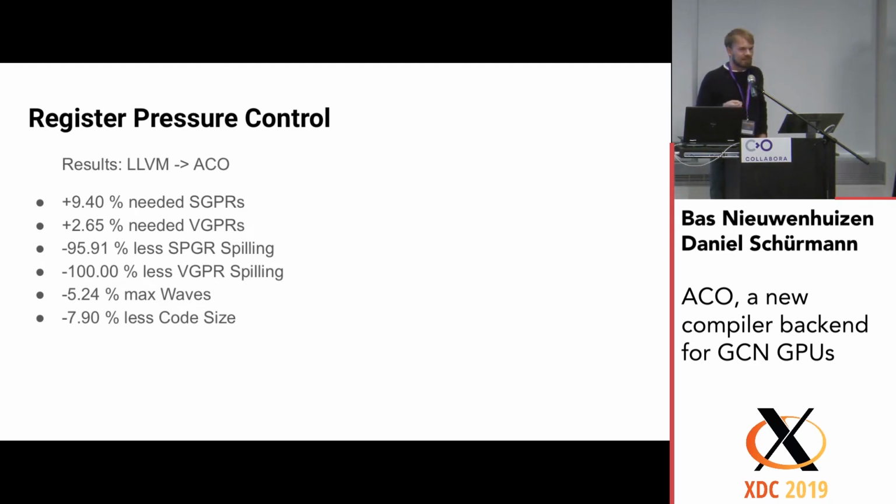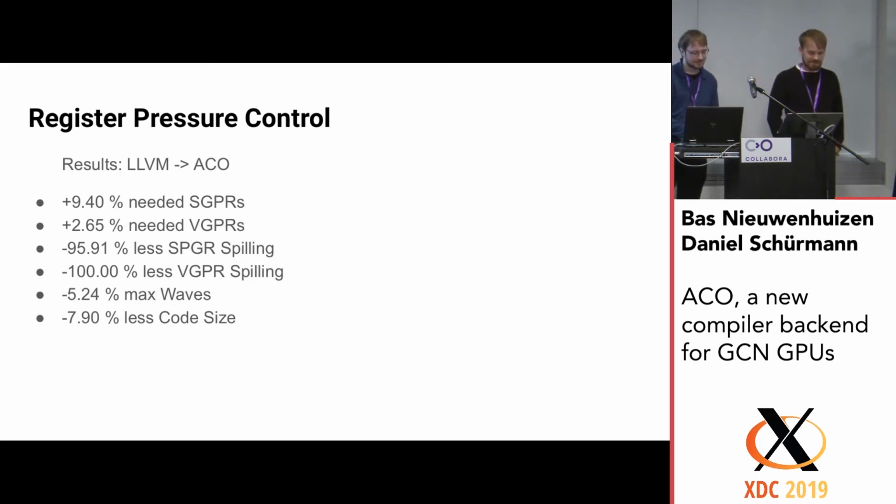But this is something the scheduler can decide before scheduling, and it's not the result of whatever the heuristic came up with. ACO also has almost 8% less code size. I think part of this is because of less spilling, but also we do quite a decent job on instruction combining. So far, that's from my side, and Bas will now talk about the current state.